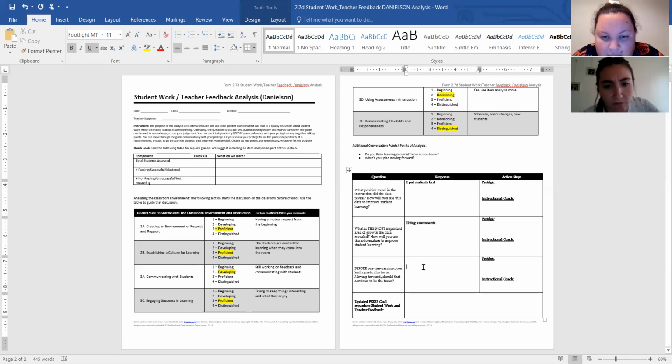And then questioning was our area of focus before, because that was the same question I asked earlier. So you're just going to continue doing turn and talks is what we said before. And just making sure that they're in the lesson plans.